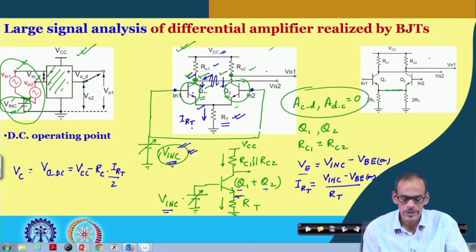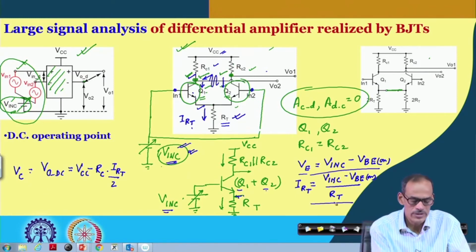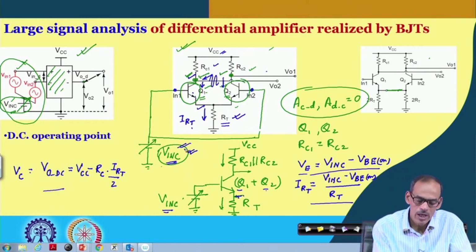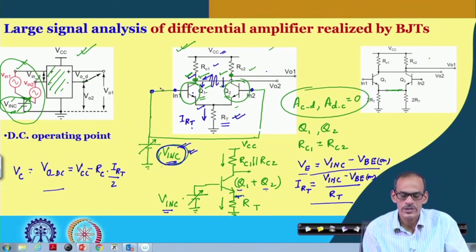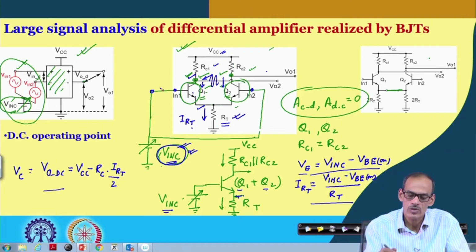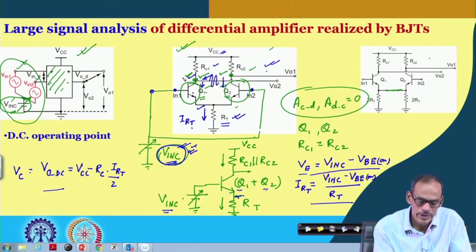Only thing is that qualitatively, these are the expressions, but qualitatively I must say that it has a good range. So, it is not necessary that we need to have a very precise DC voltage here for proper operation. It will have a good range over which the circuit will work fine. Only thing is that depending on the value of Vinc, the corresponding collector current may vary.